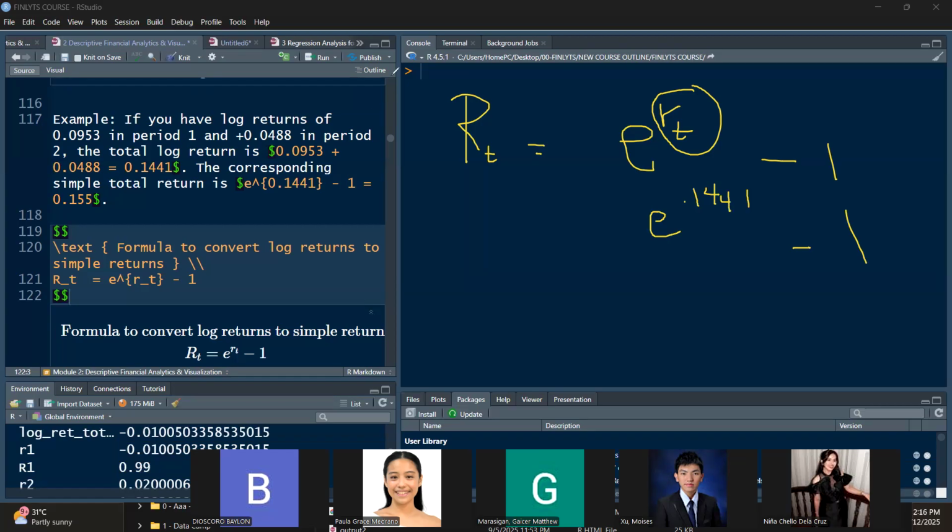Kindly chat, please, as we end the session today. Use exp, class, to get the exponentiation. Exp of 0.1441 minus 1. What are you getting?